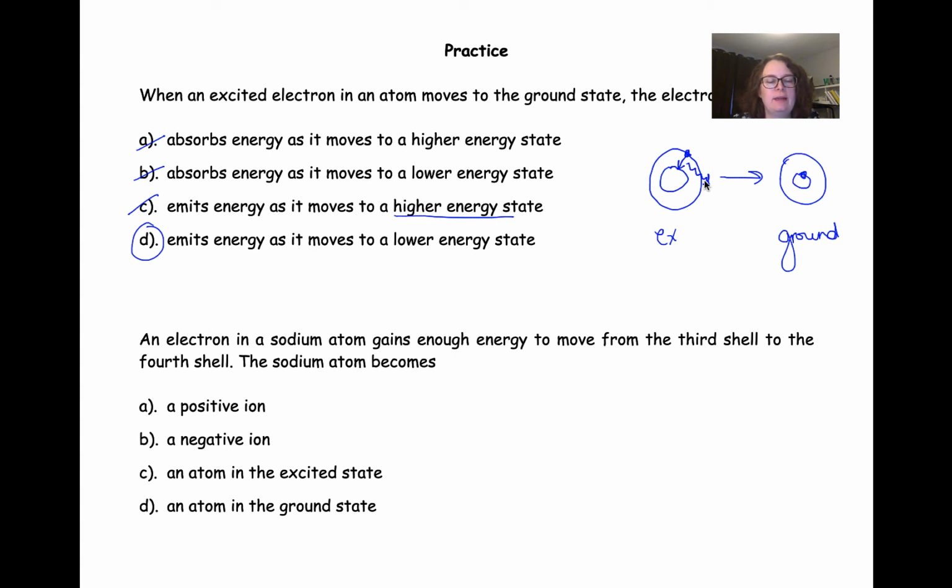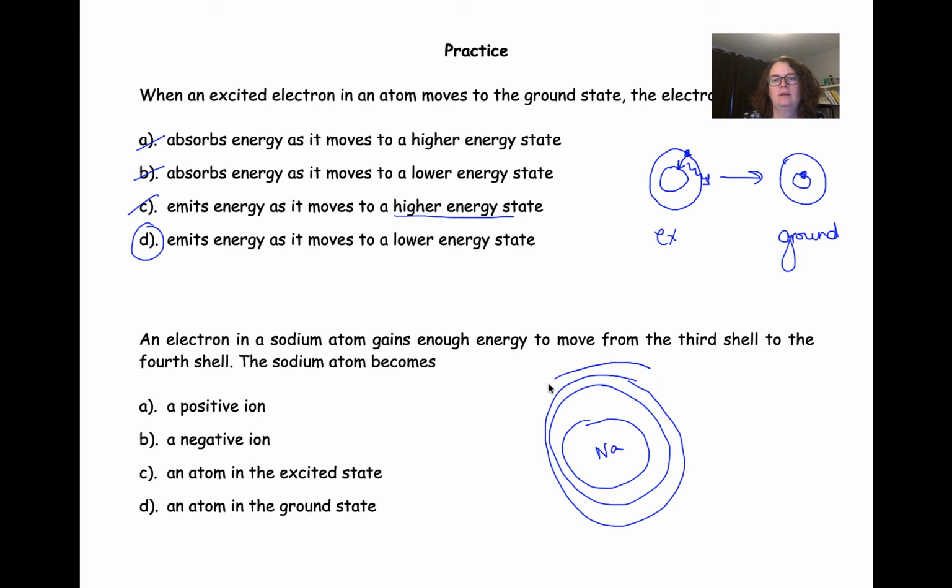Okay, and for our second example problem here, an electron in the sodium atom gains enough energy to move from the third shell to the fourth shell. The atom becomes... here we want to really be careful with what we're reading. So we have sodium, it's got an electron going from the third shell to the fourth shell.